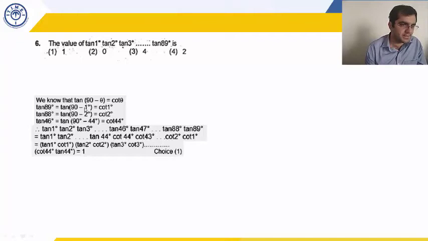So basically tan 89 becomes tan of 90 minus 1, that's cot 1. Tan 88 is cot 2 and so on till tan 46 is cot 44. So from tan 46 onwards I replace them with cot 44, cot 43 and so on till cot 1. And then I make pairs and all of these are 1. So the answer is 1.